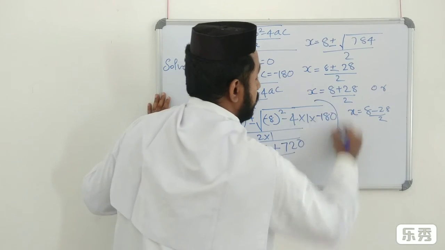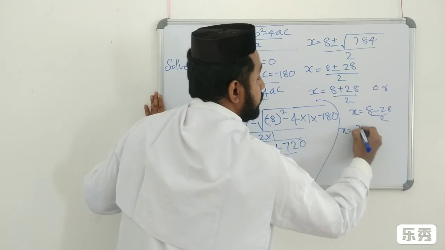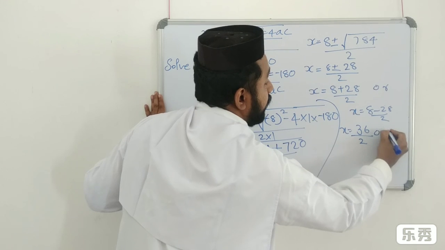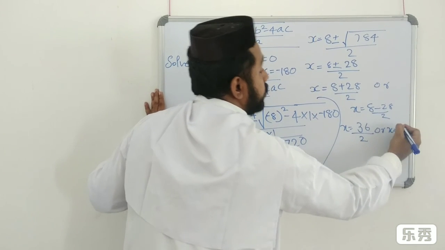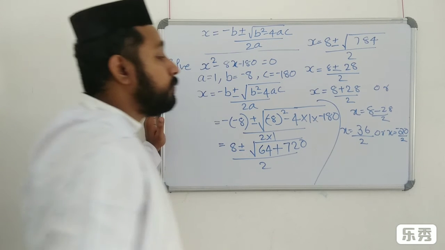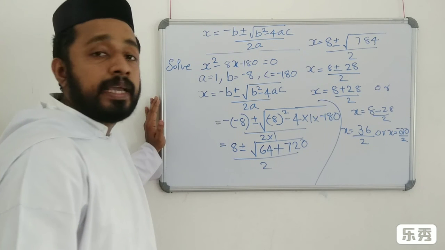That is, x is equal to 8 plus 28 means 36 by 2, or x is equal to 8 minus 28 means minus 20 by 2. So we got two values. X is equal to 36 by 2, or x is equal to minus 20 by 2.